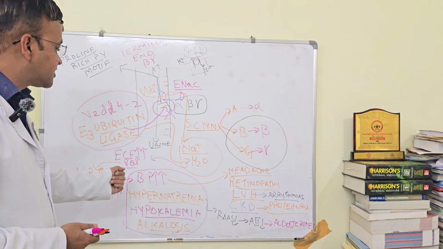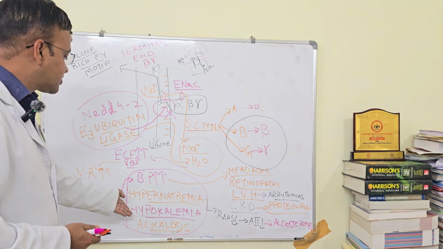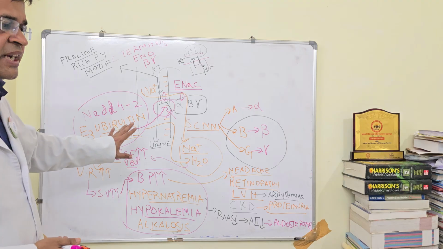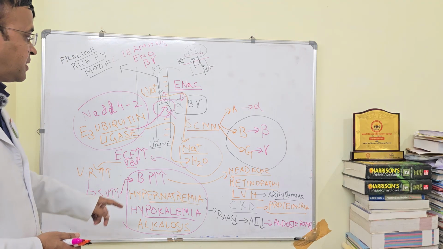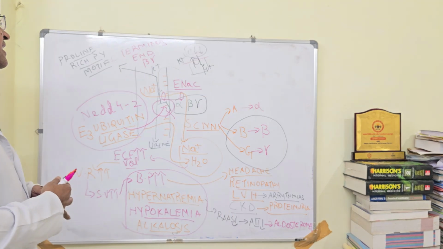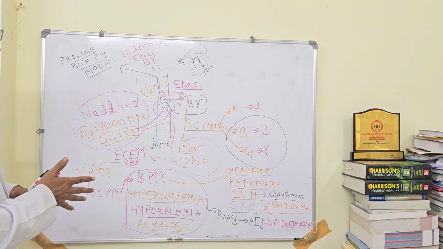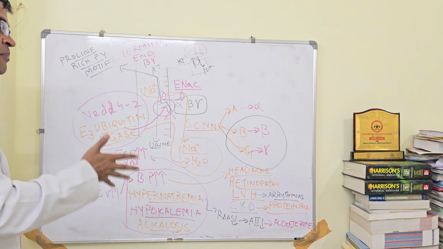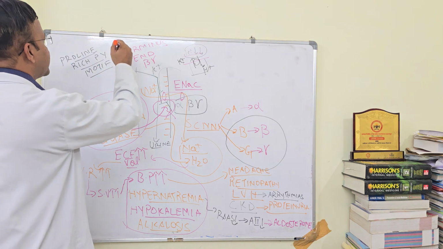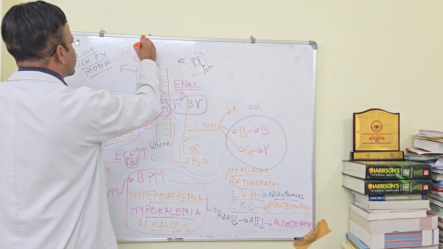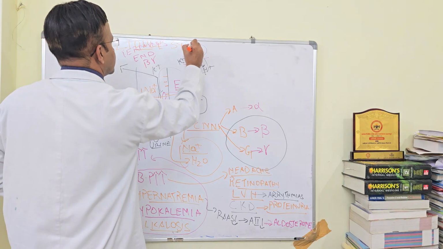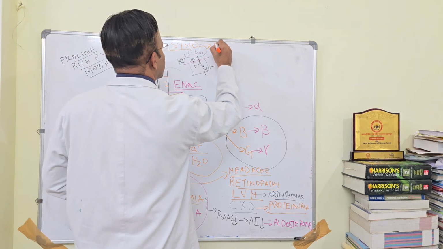Aldosterone increases blood pressure, causes hypernatremia, hypokalemia, and alkalosis. But in Liddle syndrome, the aldosterone is actually less. That's why Liddle syndrome is also called pseudo hyperaldosteronism. Let me write at the very top: Liddle syndrome is also called pseudo hyperaldosteronism.